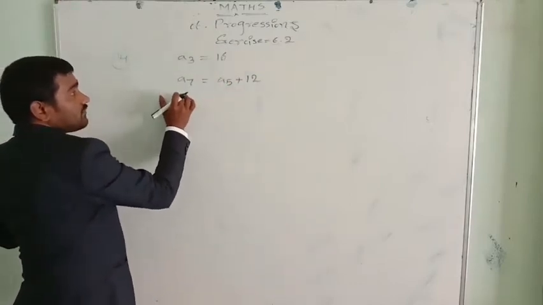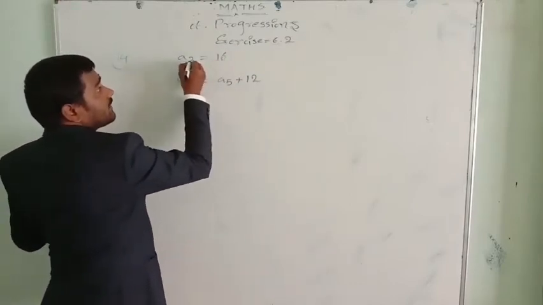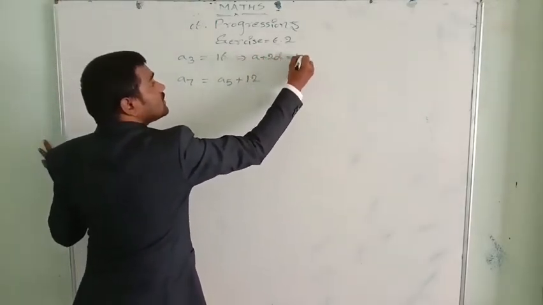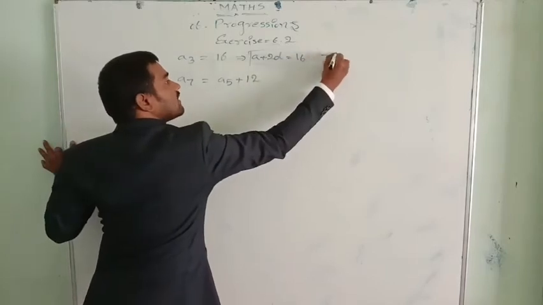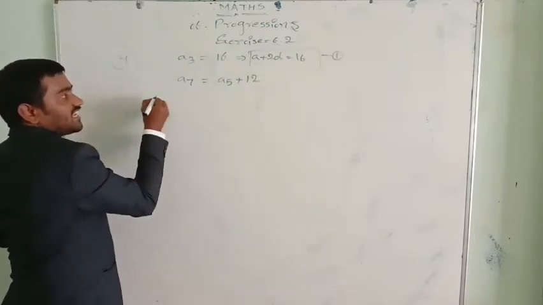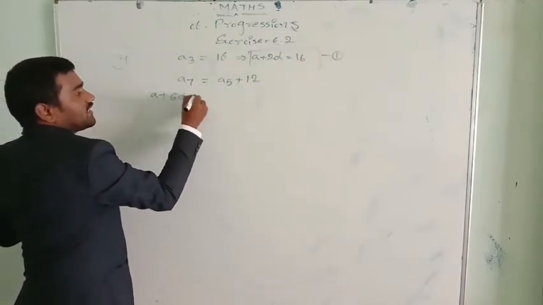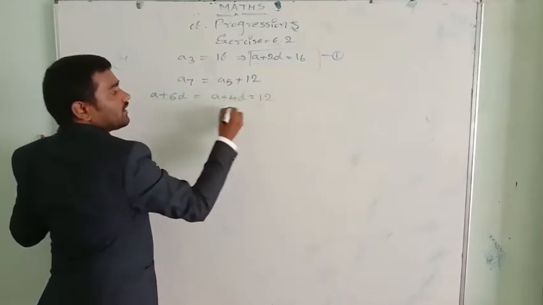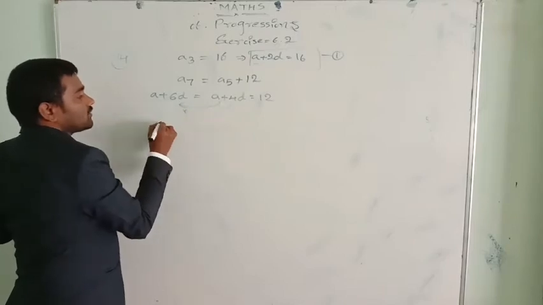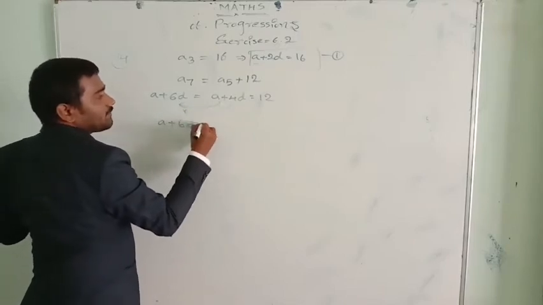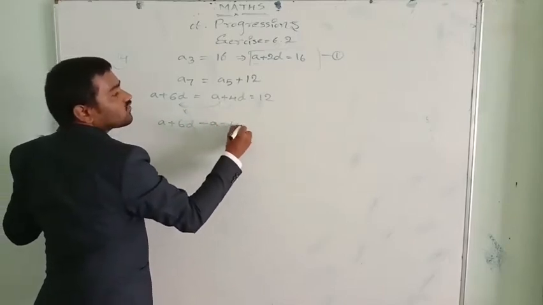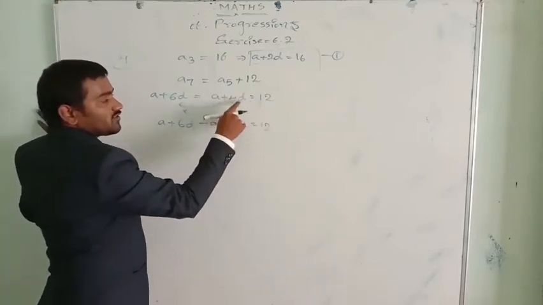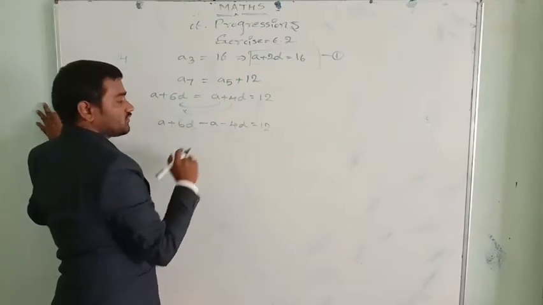First, we'll write what is there. A3 is nothing but A plus 2D equal to 16. This is equation number 1. Now A7, A plus 6D, minus A5, A plus 4D, equals 12. So A plus 6D minus A minus 4D equals 12.